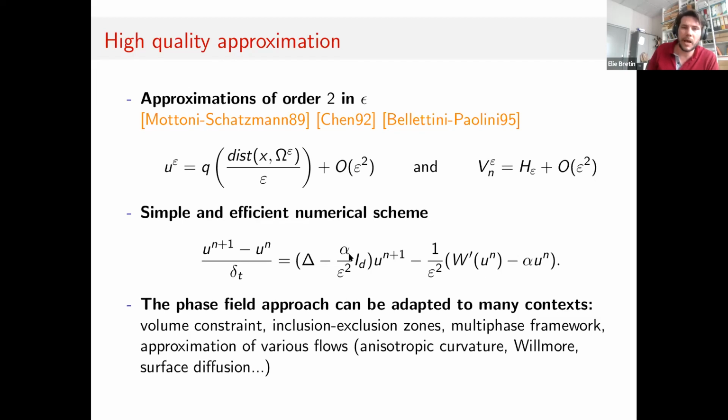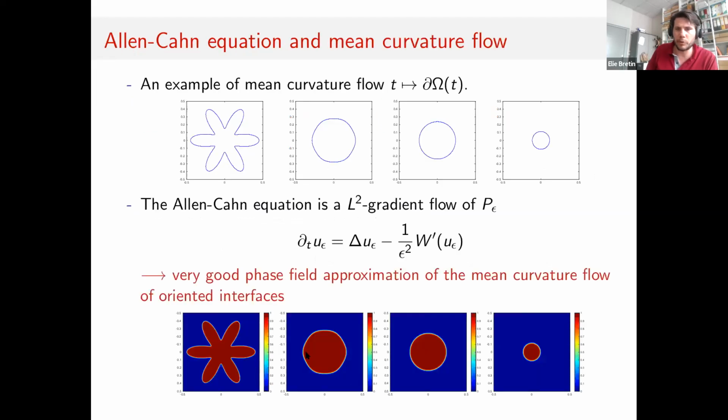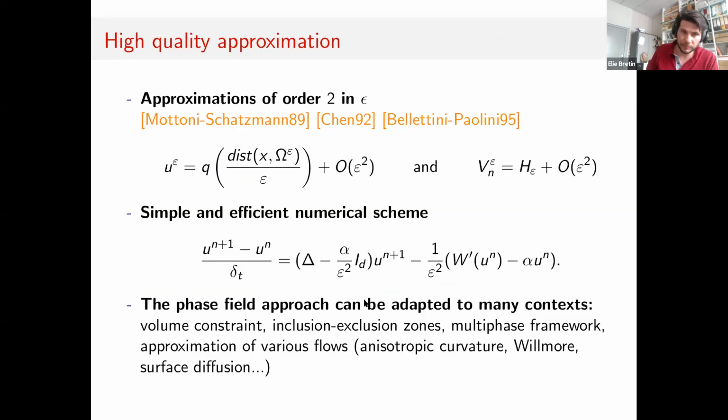If I take alpha sufficiently large, I can prove that the total scheme is unconditionally stable in the sense that it decreases the Cahn-Hilliard energy. This kind of scheme can be implemented, for instance, in MATLAB using only a fast Fourier transform to treat the Laplacian implicitly. So it's a very simple scheme, and very simple to obtain this kind of evolution.